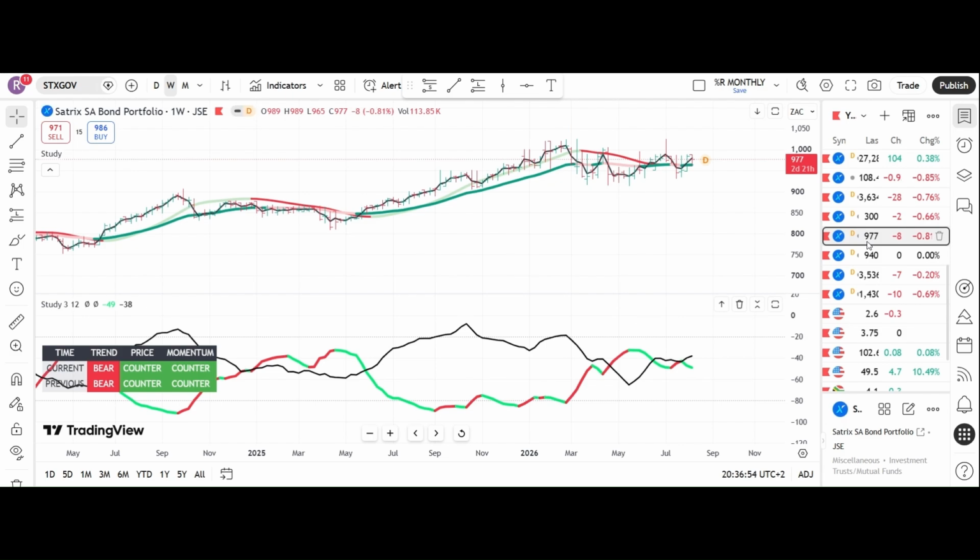Satrix bonds, still in its bearish market, but we are in a counter trend at the moment.